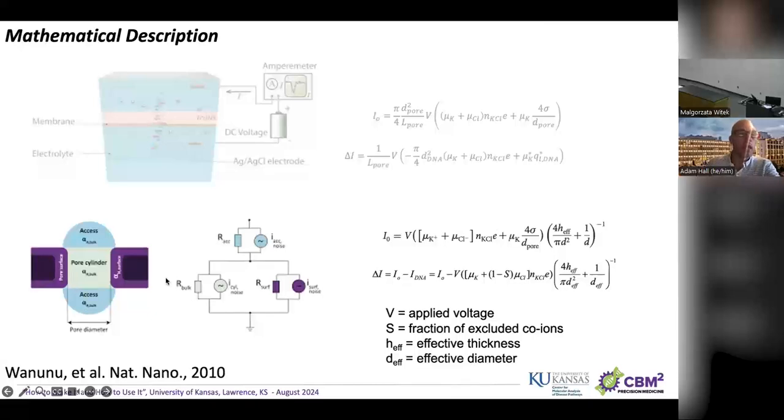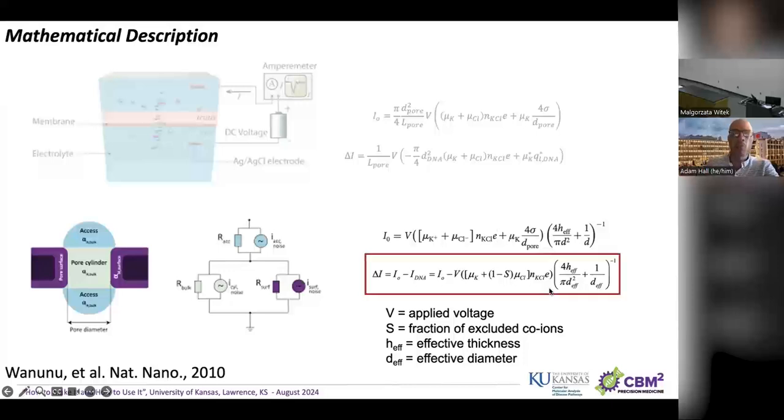And so if you take these two regions into account, in addition to the pore itself, which is what was represented up here, you actually get a slightly more complicated expression for both of these two things, so both the open pore and the amplitude. But it's still not super complicated, right? I mean, you can see all the same variables basically coming through here. Some of them are a little bit differently labeled, but it's a fairly straightforward expression that can be understood.